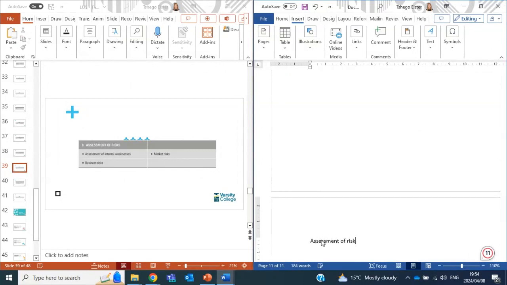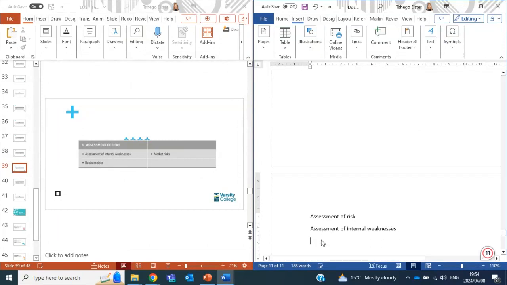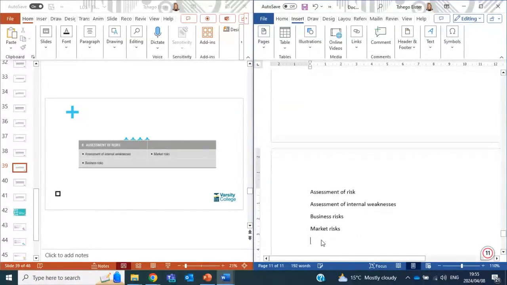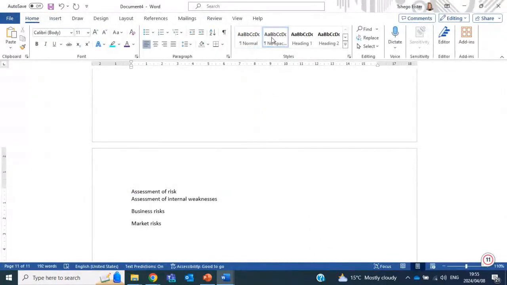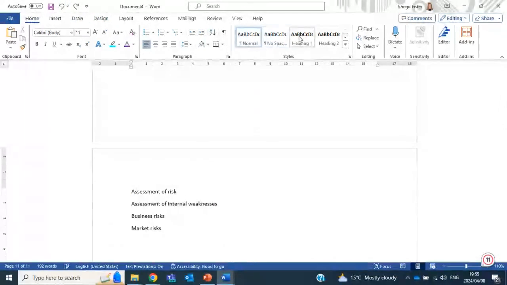Assessment of risk, and there you will see assessment of internal weaknesses, business risks, and market risks. So do heading 1, heading 2, assessment of internal weaknesses. What are our weaknesses as Checkers?